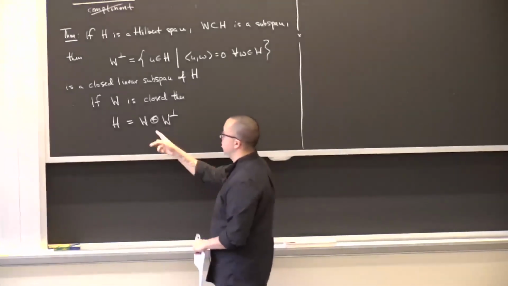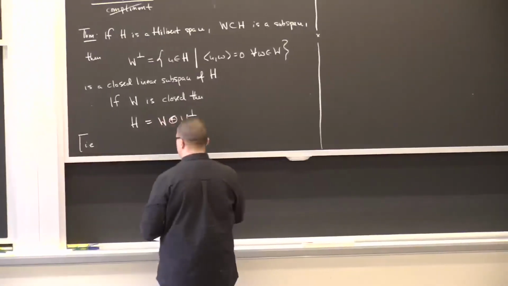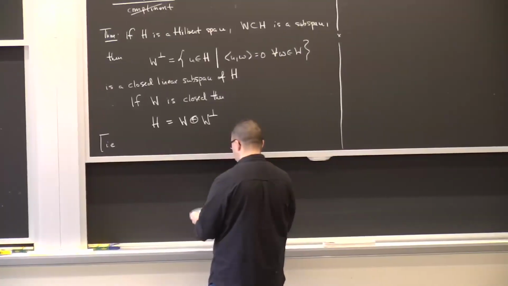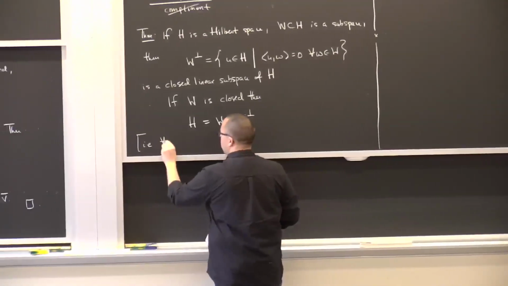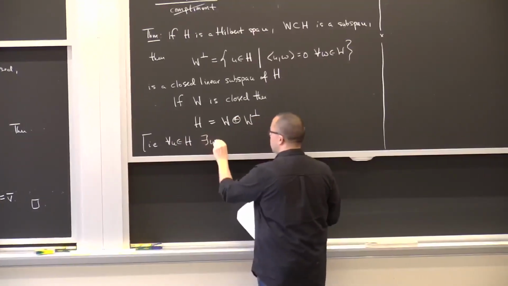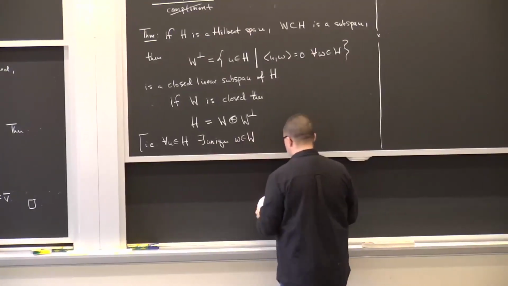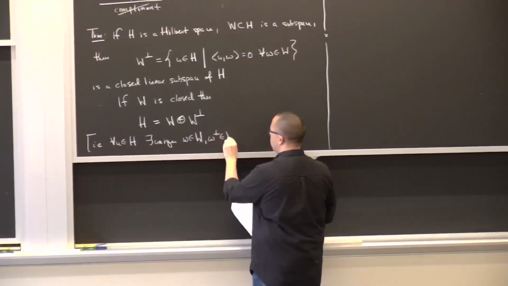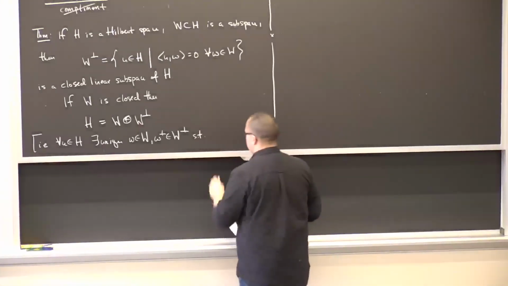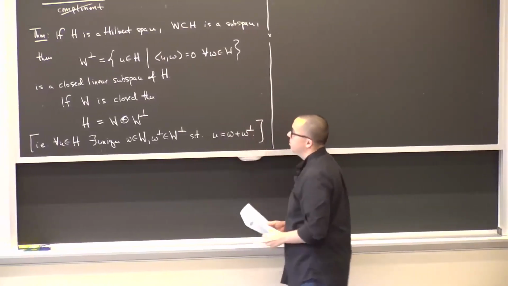Again, I'll recall from linear algebra what this means, i.e., for all U in H, there exist unique w in W and w perp in W perp, such that U is equal to w plus w perp.